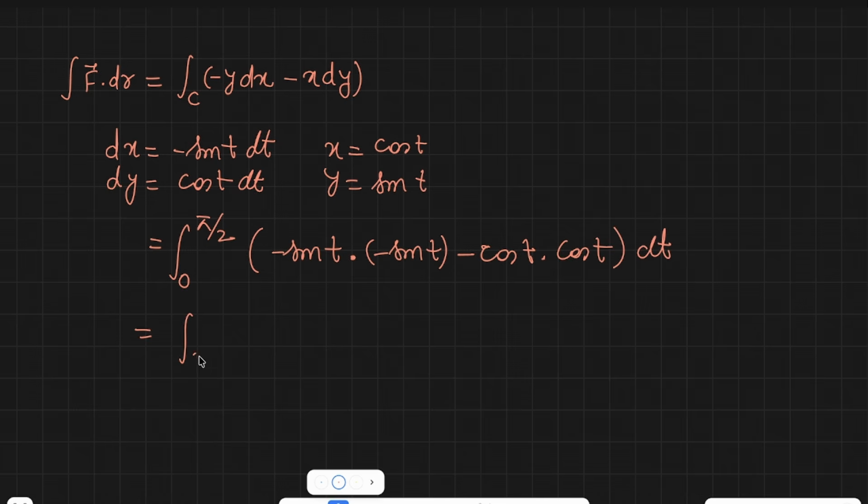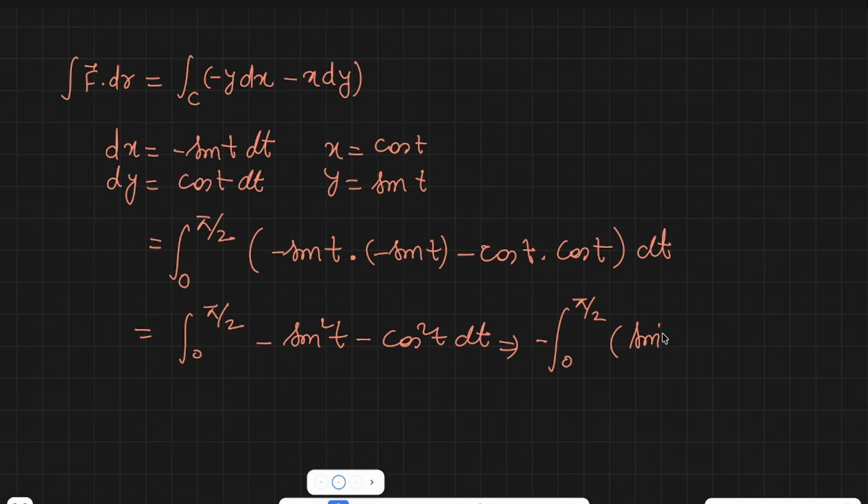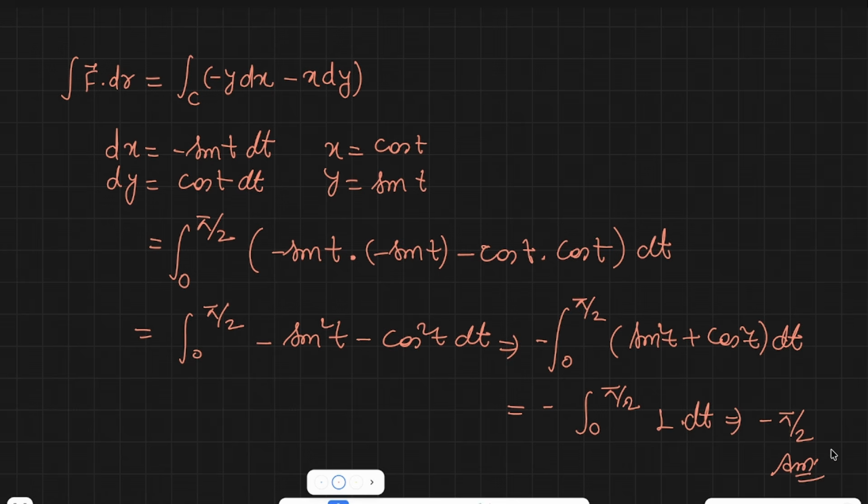So it is basically 0 to pi by 2, minus sine square t minus cos square t dt, and I can write it like this: 0 to pi by 2, I can take minus common. So this is sine square t plus cos square t dt, and it is basically 0 to pi by 2, 1 dt, and that is nothing but minus pi by 2, which is the answer for this question.